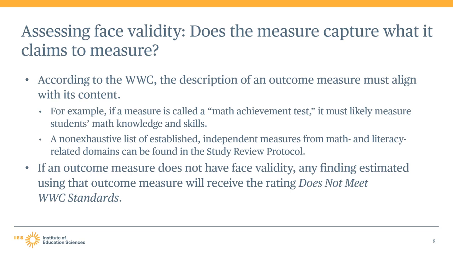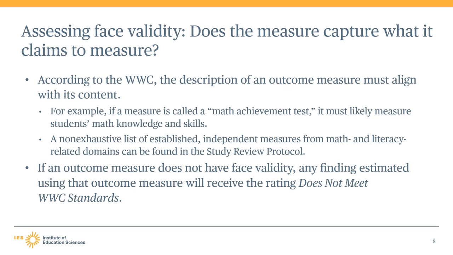When conducting a study review, WWC reviewers will assess whether a measure has face validity or not. This assessment is based on the information that study authors have reported. So the WWC generally assumes a measure has face validity unless there is compelling evidence in the study that suggests otherwise.